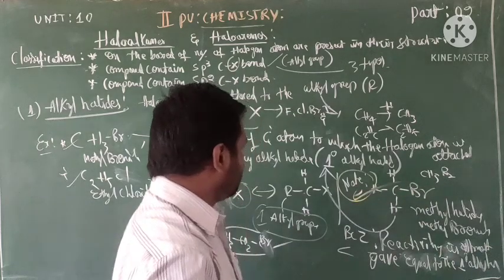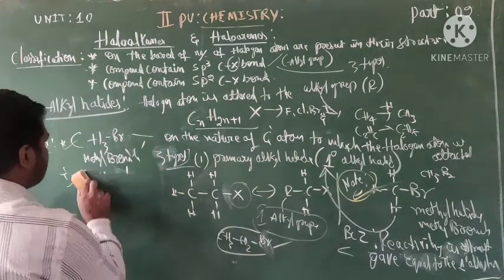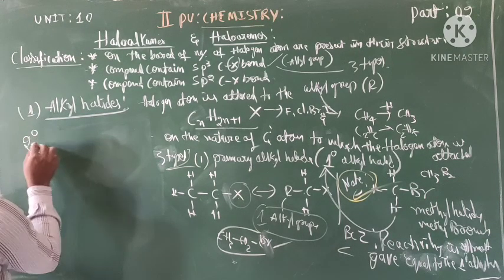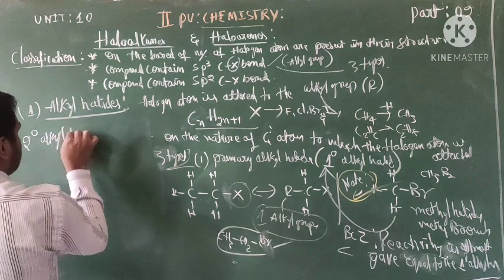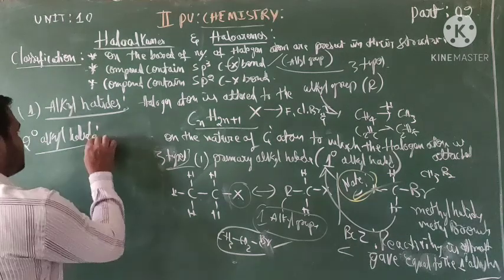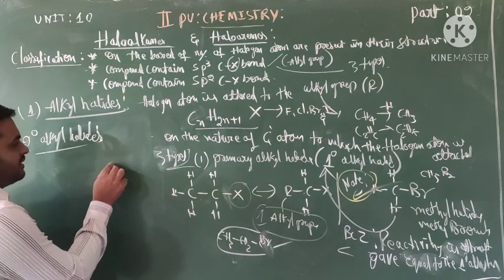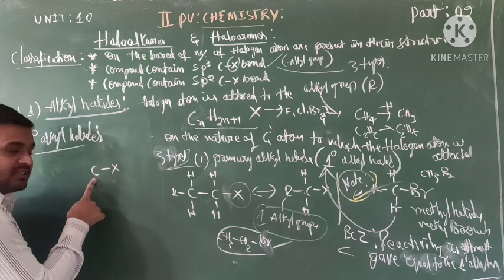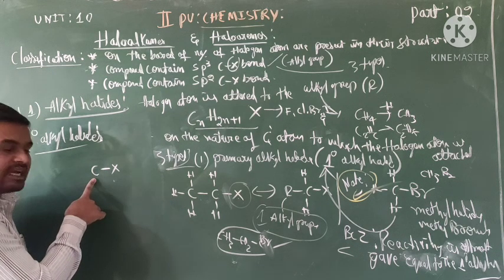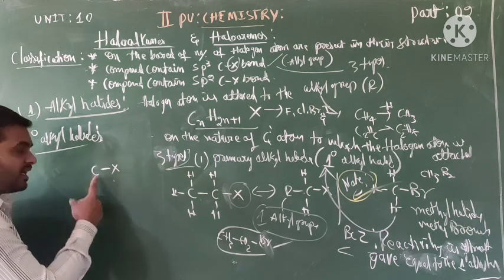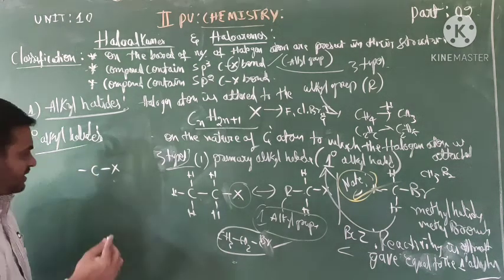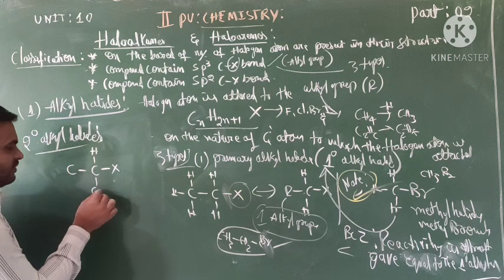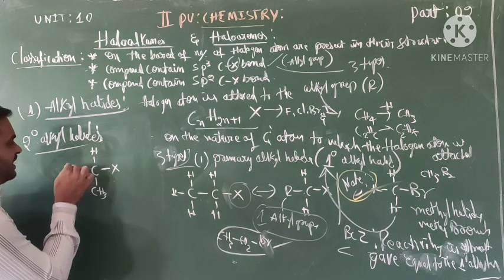Okay. Let's look at secondary alkyl halides. See the definition. This is halogen, it is attached to the sp3 hybridized carbon atom, which is attached to two carbon atoms. The remaining is H. Two carbon atoms, this one having the methyl group.